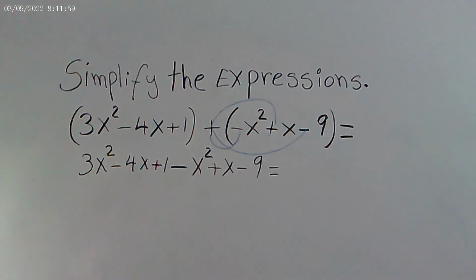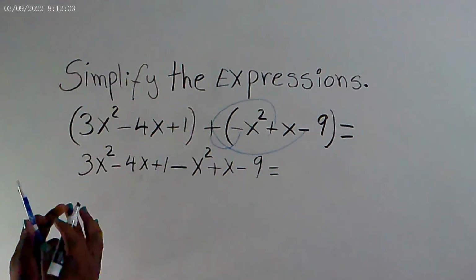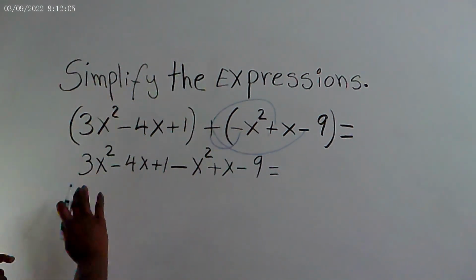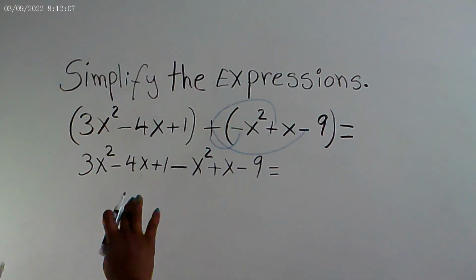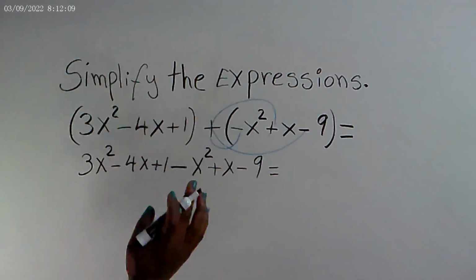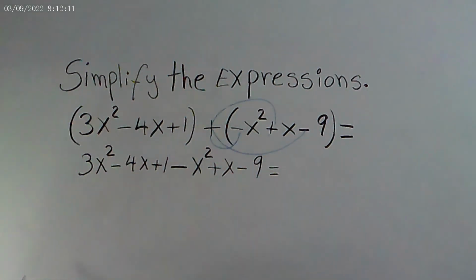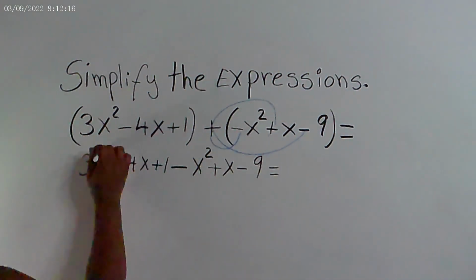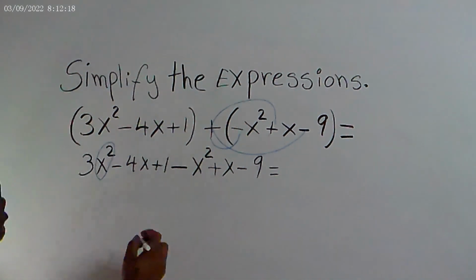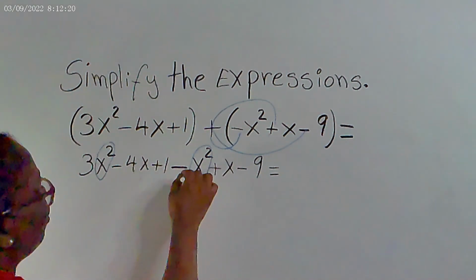Okay? Now we're going to collect the same variable. Right here you have 3x squared, and there you have 1x squared.